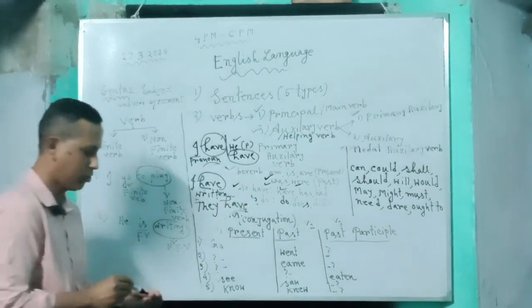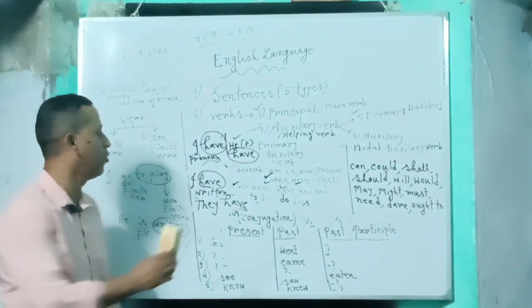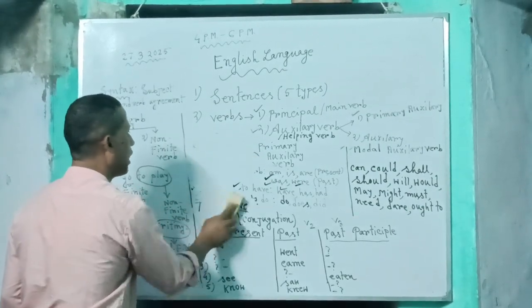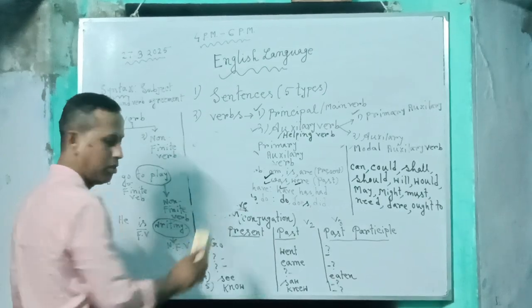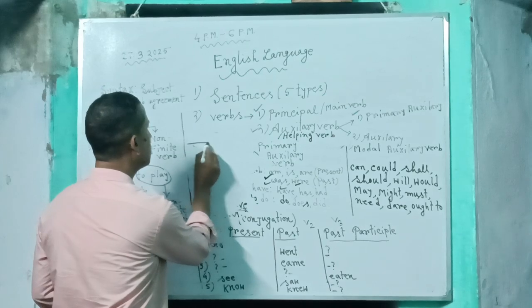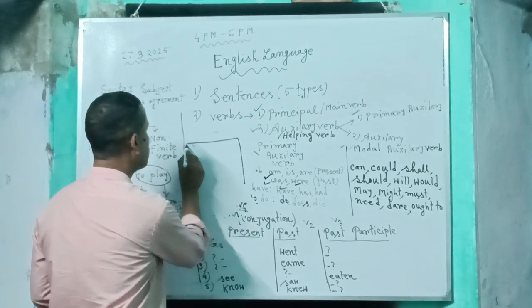Today's English is only for the table and row. So I am discussing the tables, have or has. Okay, what are the tables? The table is simple.